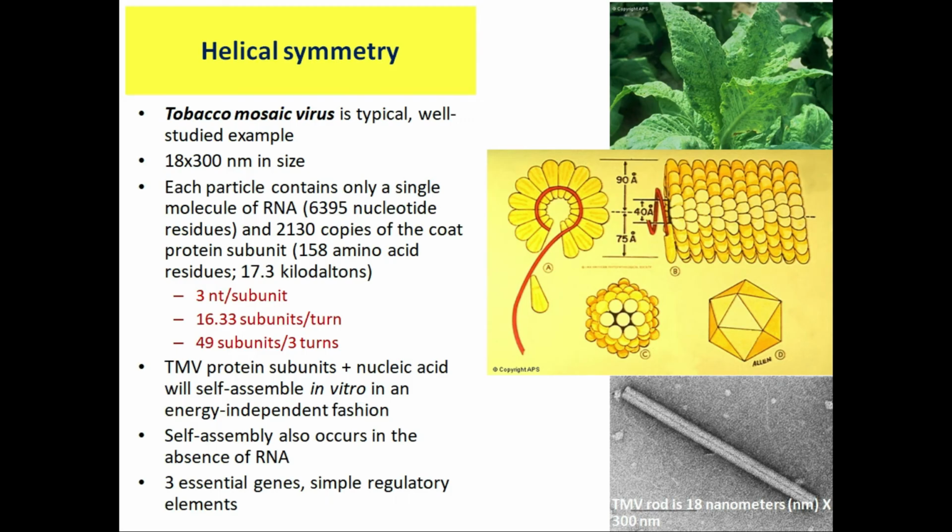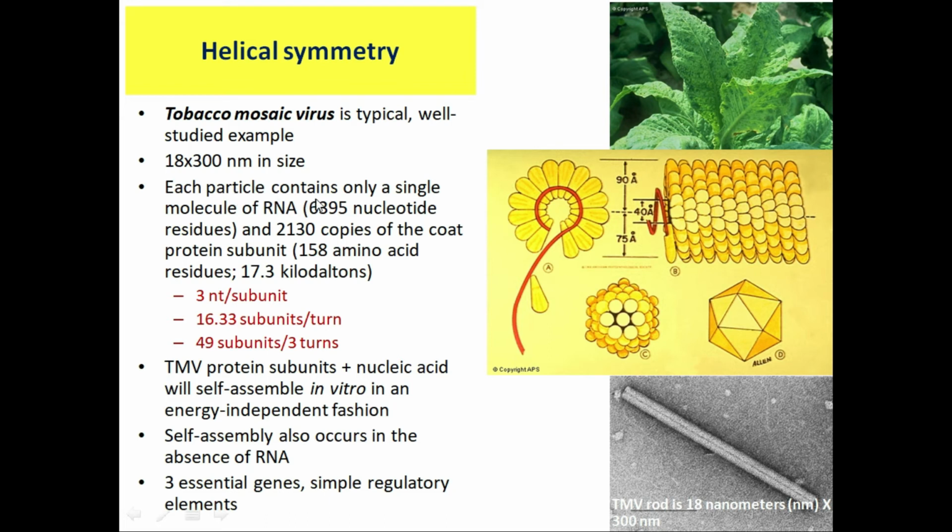The viruses with helical symmetry, where tobacco mosaic virus is a typical well-studied example, has a size of 18 nanometer in width and 300 nanometer in length. It is the most studied plant virus, so we know many things about tobacco mosaic virus.